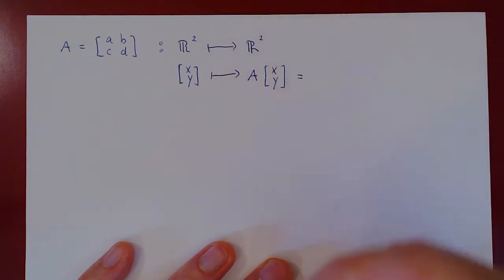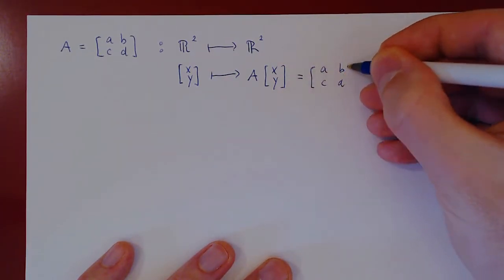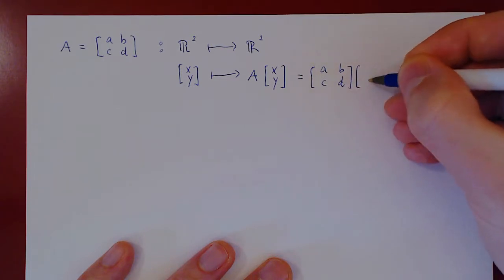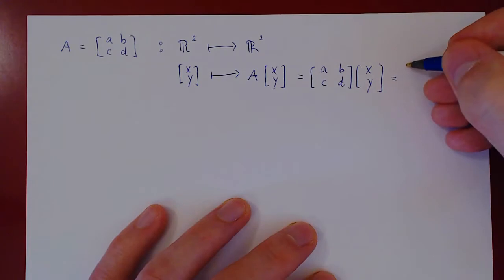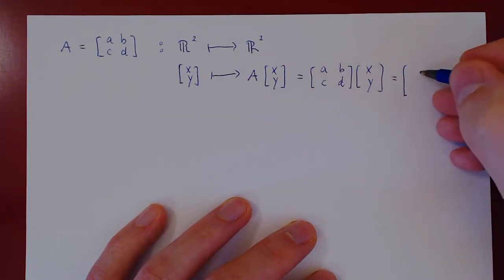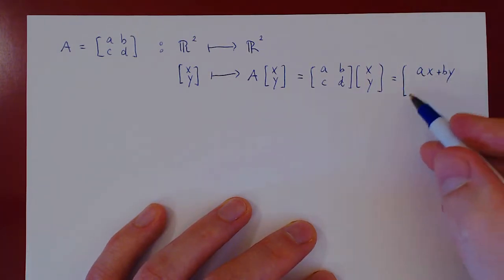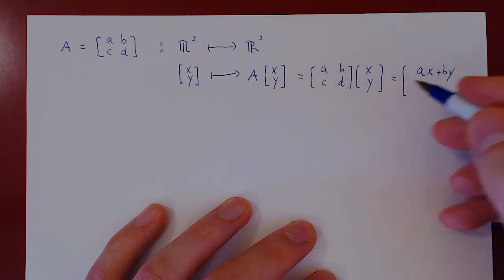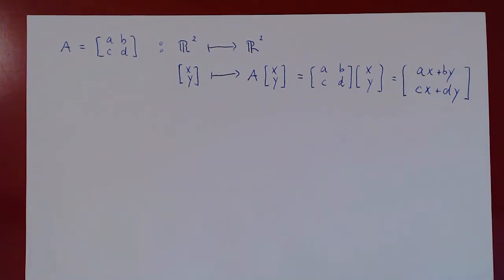We can compute the image, right? Because A, say, is A, B, C, D, times the point (x, y), and we'll have our new point. The x-coordinate will be ax plus by, and the y-coordinate, the second entry, will be cx plus dy. And now we have a function from the xy plane to the xy plane.